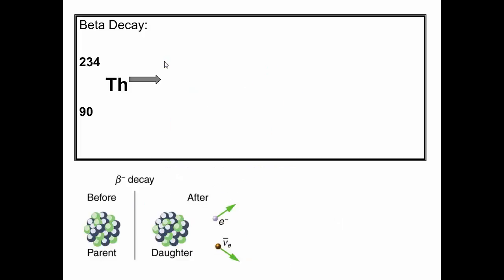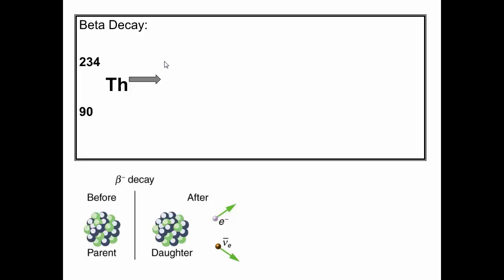What if that thorium goes through beta decay? Again, in beta decay, what is being released? A single electron. Does the electron have any mass? So what happens to the mass of thorium? Stays the same.